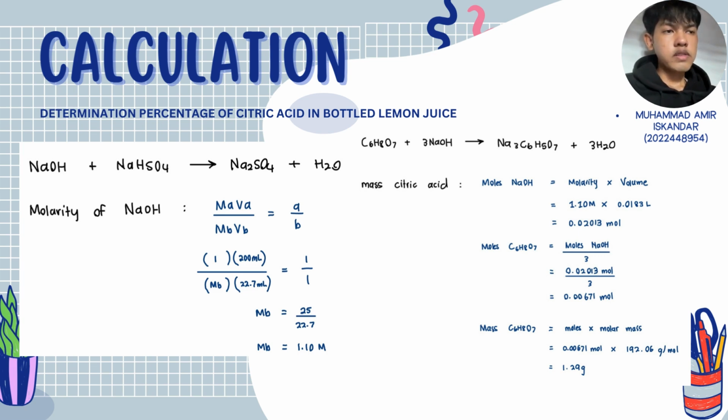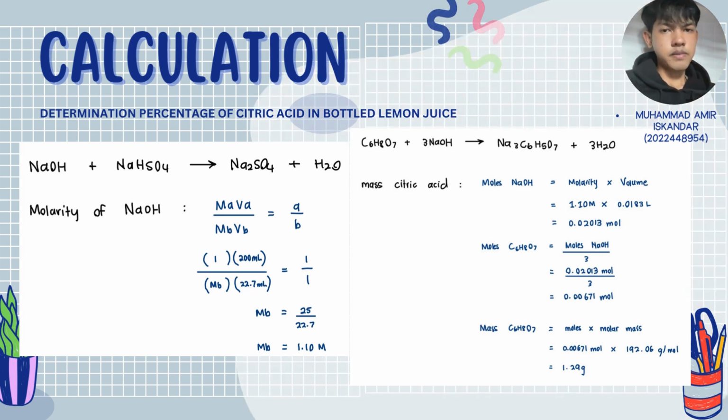Since 1 mol of citric acid is equal to 3 mol of sodium hydroxide, we can simply divide the moles of NaOH by 3 to determine the moles of citric acid, which is 0.00671 mol. From here, we can calculate the mass of citric acid by multiplying the moles with the molar mass of citric acid. The mass of citric acid in this titration is 1.29 grams.